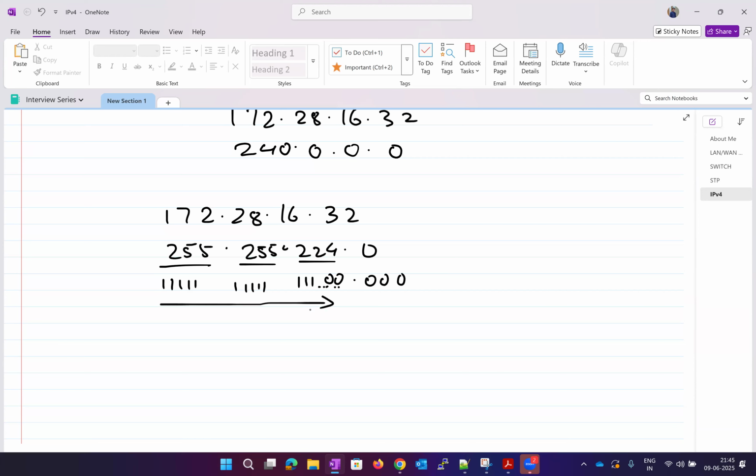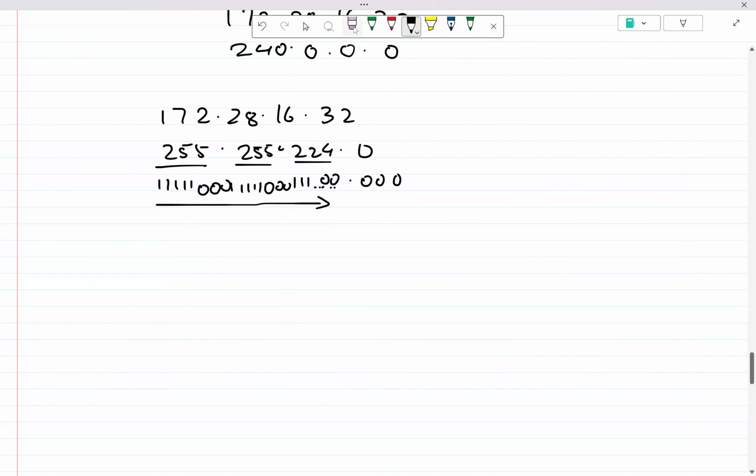And in an address mask, it is compulsory that the ones should always be on the left hand side. All the ones should come together. All the zeros should come together. You cannot have 0, 0, 0 here, then 0, 0, 0. No, it's not like that. All the ones should be on one side, and all the zeros should be on one side.